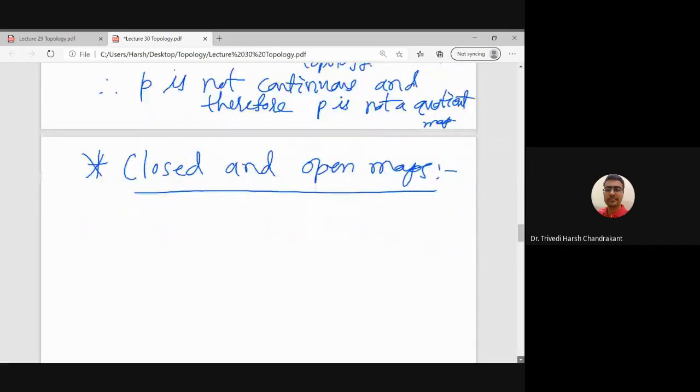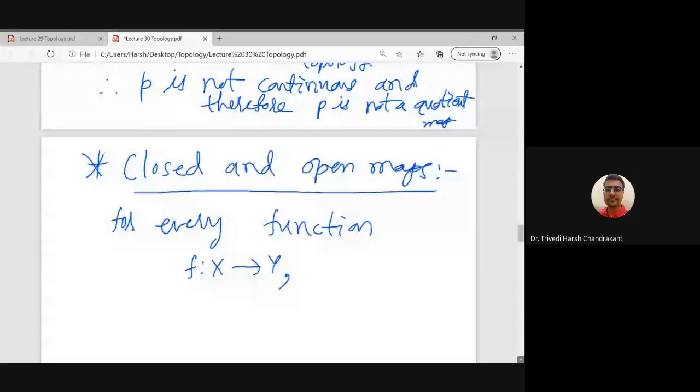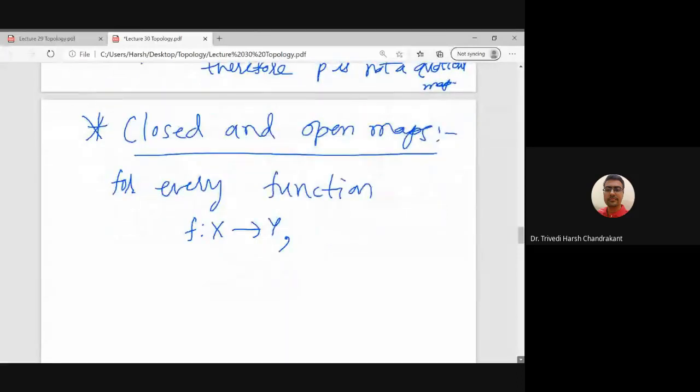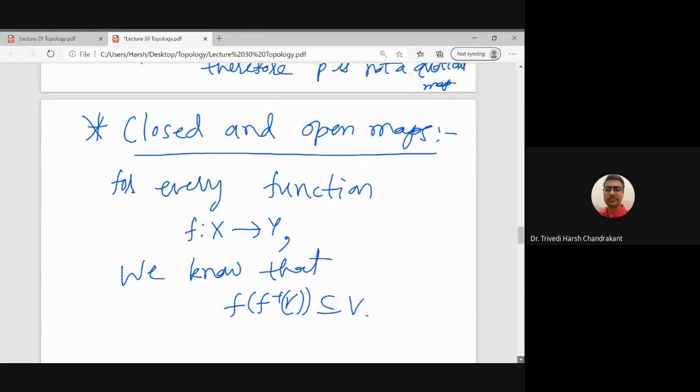So we have already noted that for every function f from X to Y, we know that f of f inverse V is always a subset of V. Okay, so what is V?